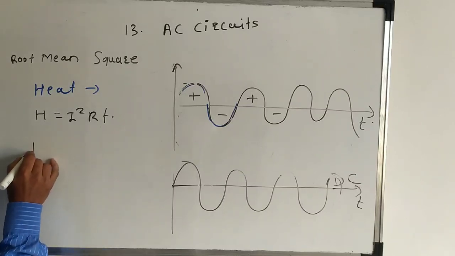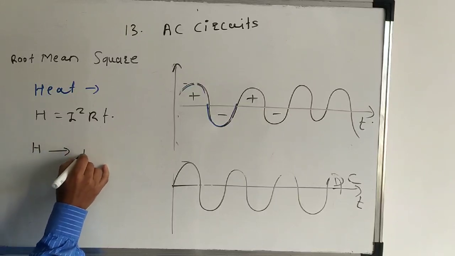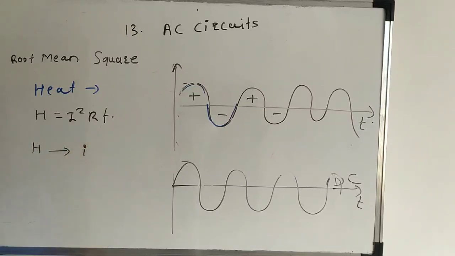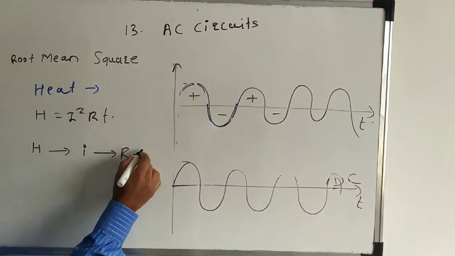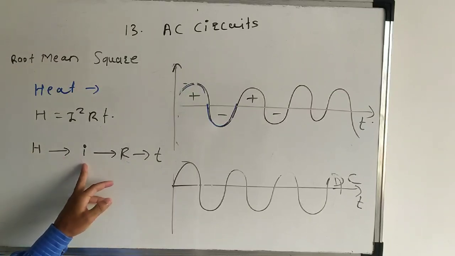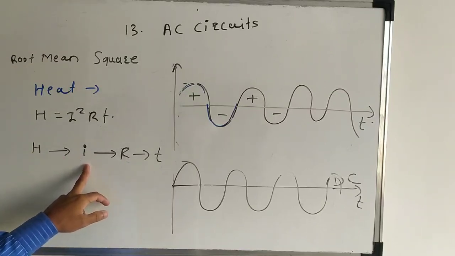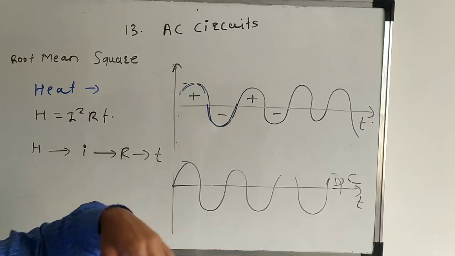Suppose H is the heat which is produced by passing a current of I through the resistor R for a time t.